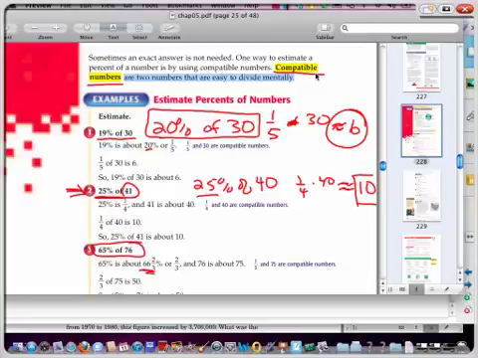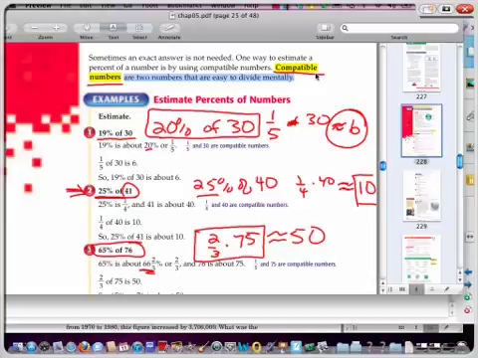So let's try 2/3. And 76, I could probably figure out 2/3 of 75 pretty easily. So let's use 75. And 2/3 of 75, a third of 75 would give me 25, and I need two of those, so it would be 50. So we're going to be approximately 50.